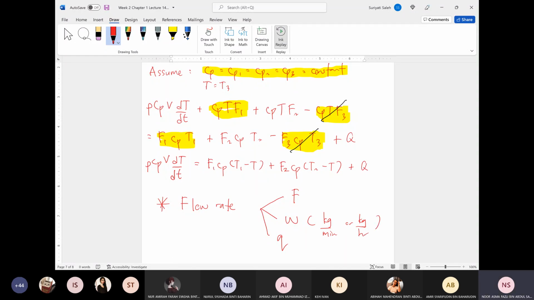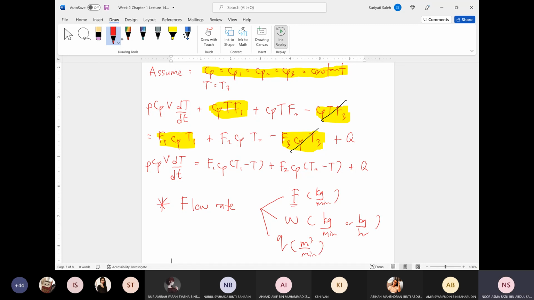For this part, the F here in this question is given in the form of kilogram over minute. In some cases, F or Q can be in the form of meter cube over minute.